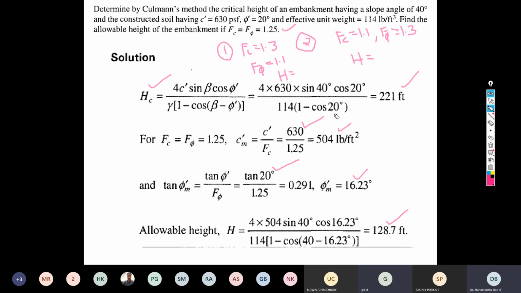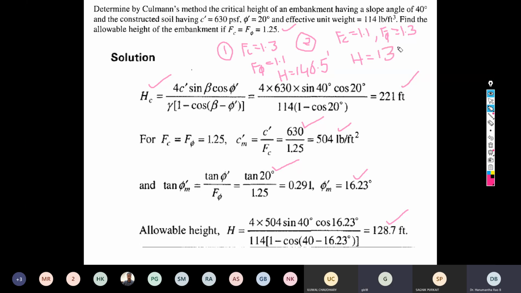For case 1, it is 146.53. Yes, okay, so this is 146.5 feet. And case 2, 139.73.